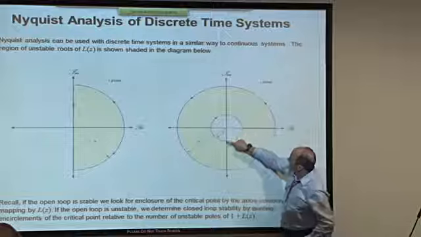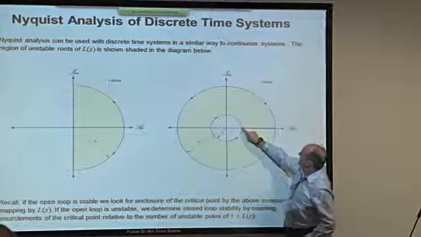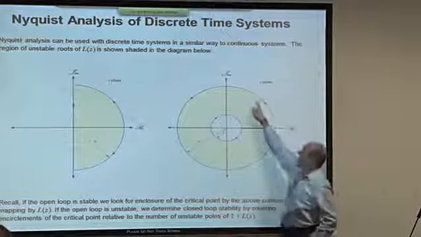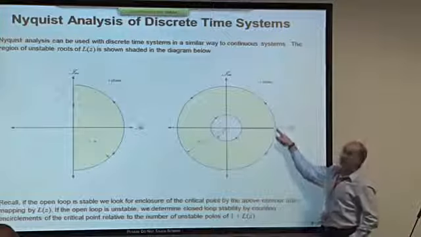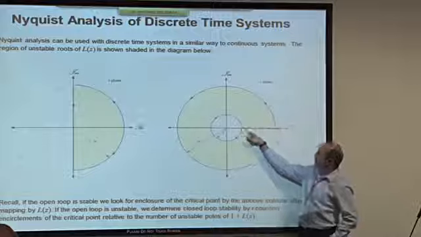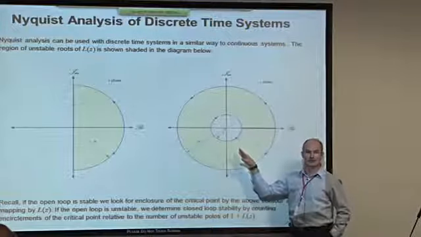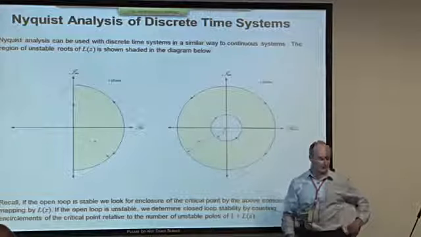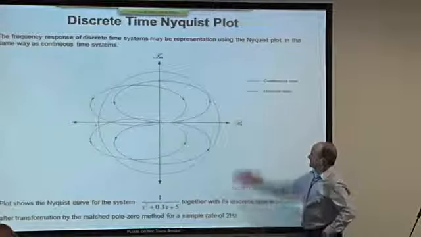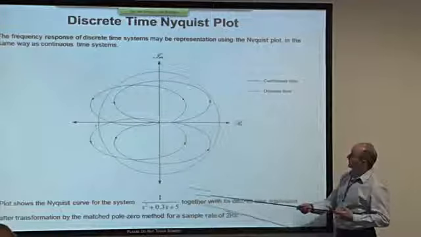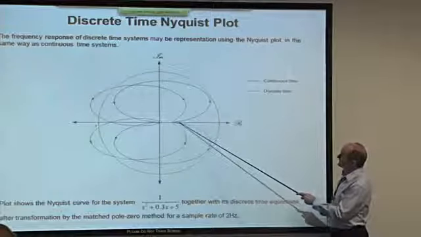See, the contour sort of goes around the unit circle there, and then it goes out along the positive real axis an infinite distance and sort of skirts around like that. That's an infinitely big circle and then comes back again. That's the equivalent of the Nyquist path for a discrete time system. You could use that to build up a Nyquist plot, and this is what the Nyquist plot would look like. This is the same system as I showed you before, except that this is in blue.